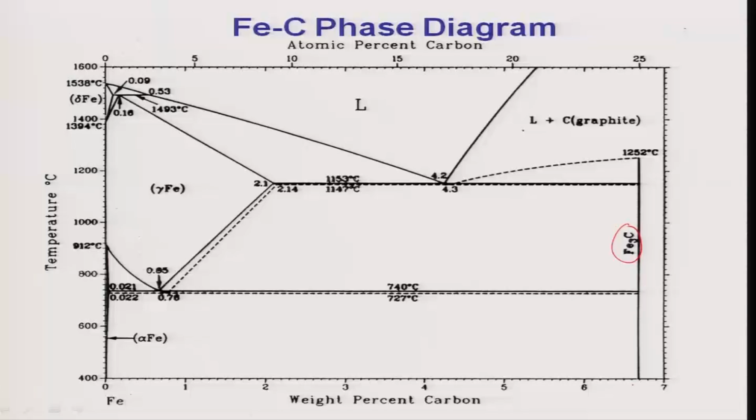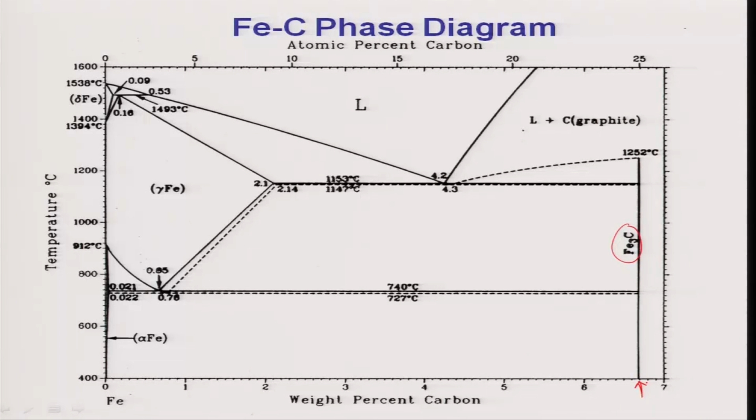That is why I told you previously that these diagrams end at 6.67 percent carbon. We do not even discuss what happens beyond this. In steels, the carbon concentration does not go beyond 1 percent; in actual practice it can theoretically go up to 2.8 percent, but we never have steel with more than 1.28% carbon as far as my knowledge goes. So the important part of the phase diagram, as I showed last class, is this part.